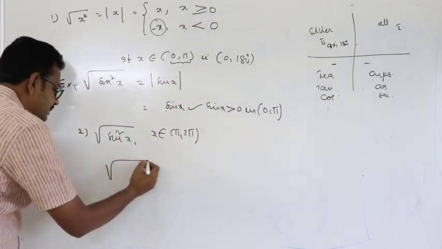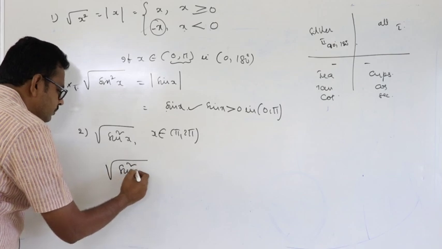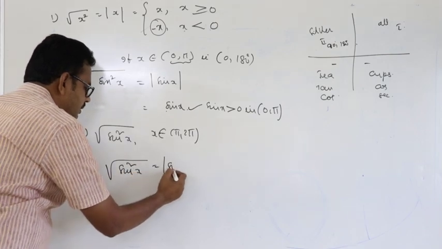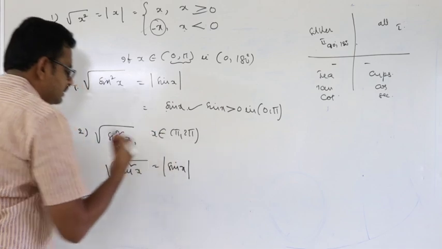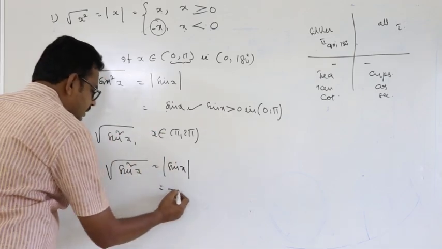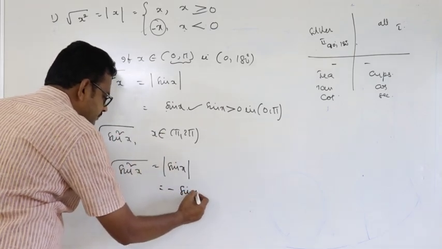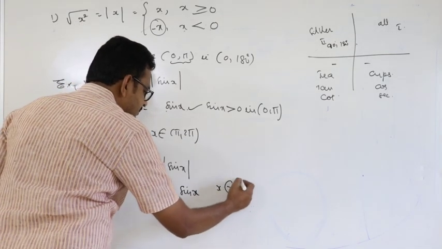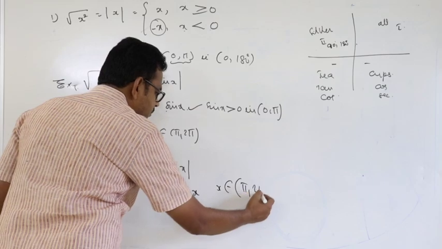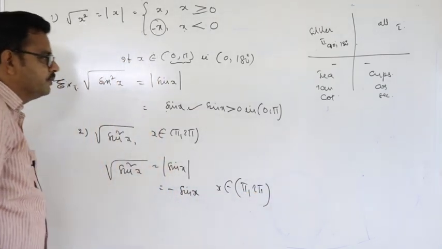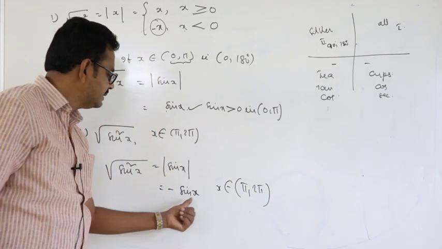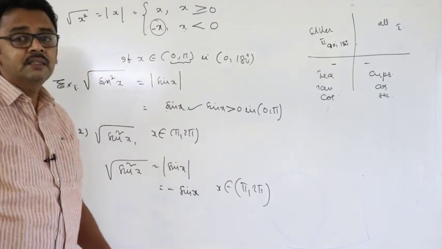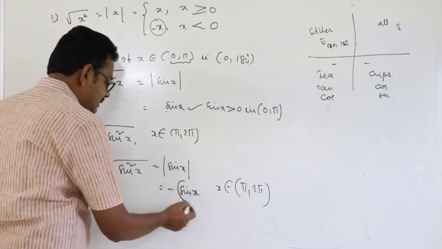Therefore root of sine square x equals mod of sine x, which is equal to minus sine x. Why? Because x belongs to pi comma 2 pi, the third and fourth quadrants, and sine x is negative.